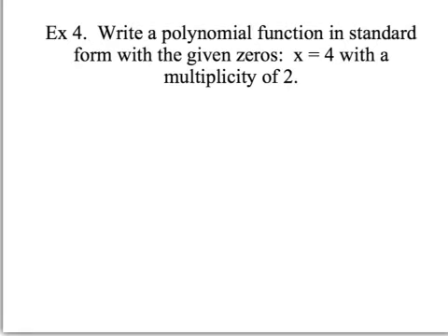To wrap things up, we're going to try another example. Number 4 says write a polynomial function in standard form with the given zeros. x equals 4 with a multiplicity of 2. A multiplicity tells you the number of times that this is a 0. In this case, it's going to occur 2 times.